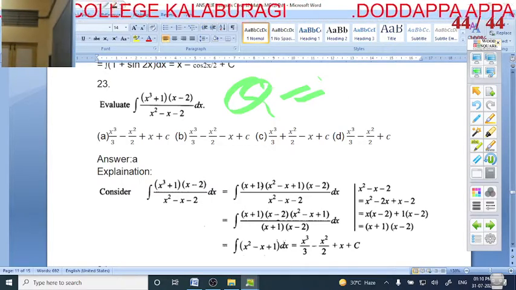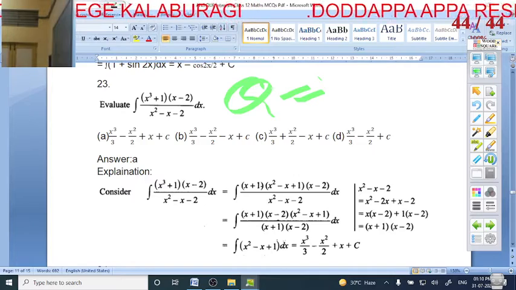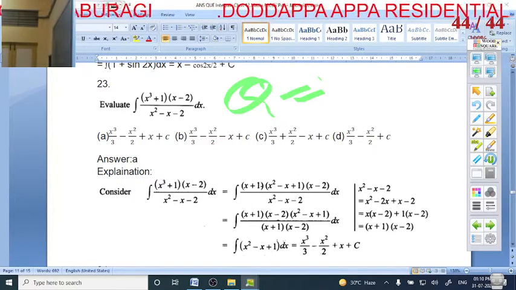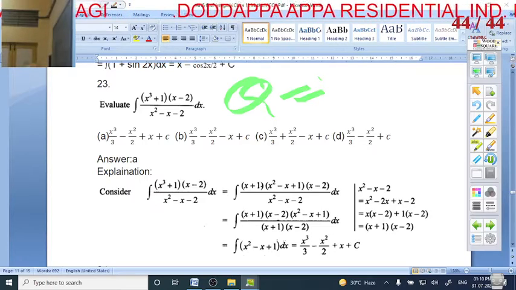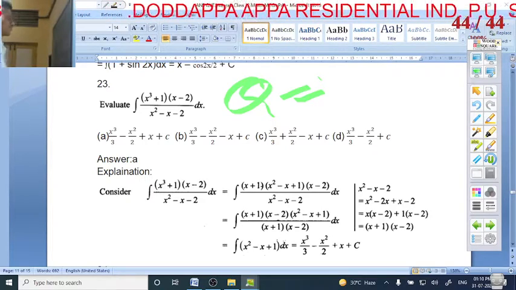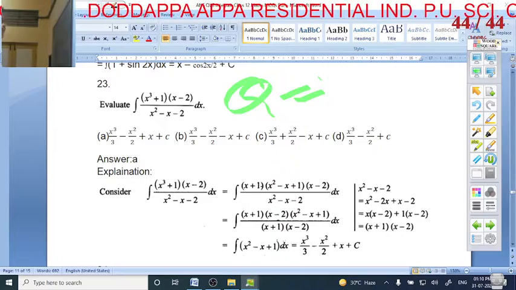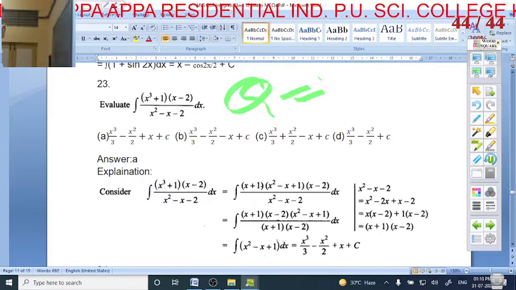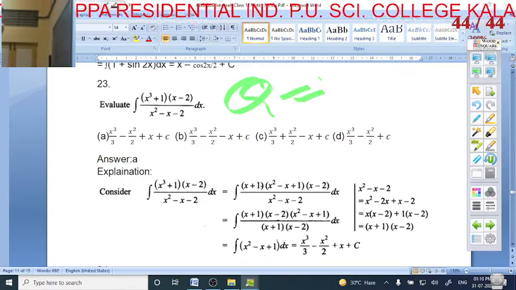So to integrate this function, we have to transform it into the standard form by writing it like this.